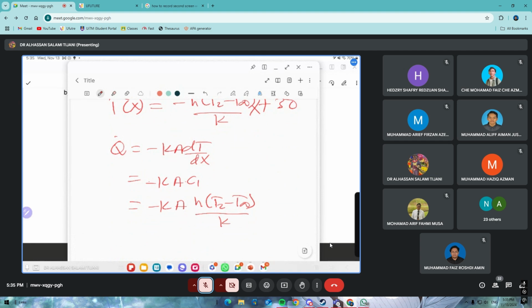Okay. So now you only need to substitute the parameters. Oh yes, here K will cancel K here. And then you need to substitute the value for h, the area, T2, and T infinity. So you need to calculate this. You can do this yourself at home.